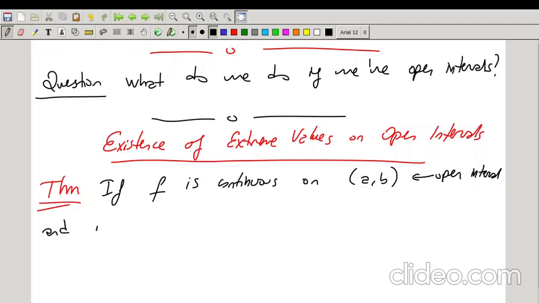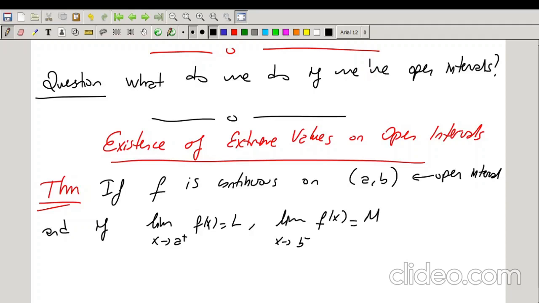And moreover, if the limit as x goes to a from the right side of f of x is L, and the limit as x goes to b from the left side of f of x is M. In other words, you can consider the following: here a, here b, so you have an open interval, and when you apply the limit, you approach b from the left side, you approach a from the right side.